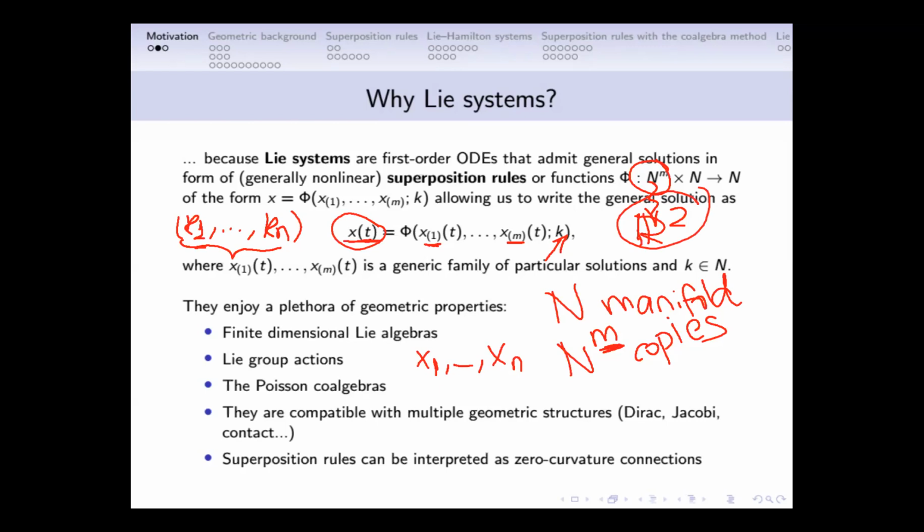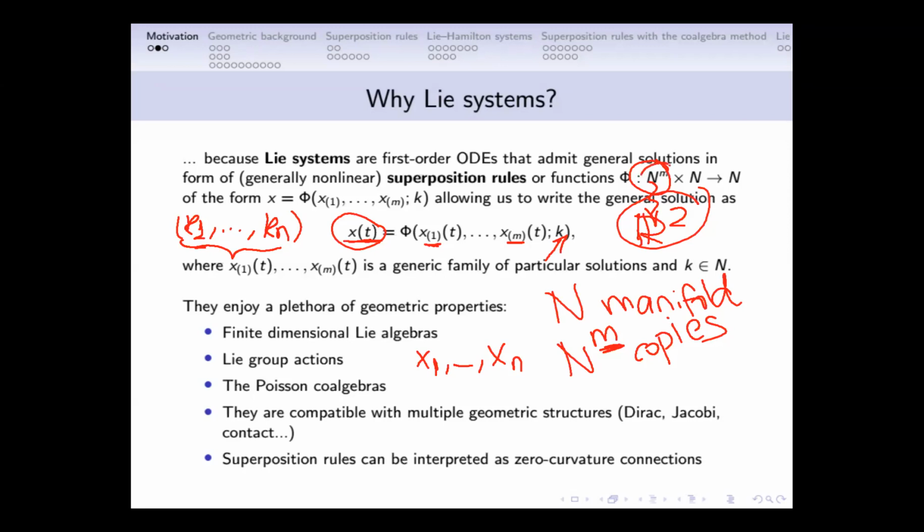Okay. But Dima, I think there is only one n. There are no natural numbers there. Okay, but the last argument, this k, it says that k is in n. So there are m first arguments and then another one, so m plus 1. Is it just the manifold n to the power m plus 1, or is it the manifold n to the power m times the set of natural numbers?